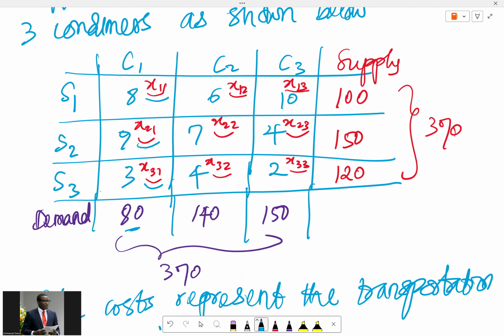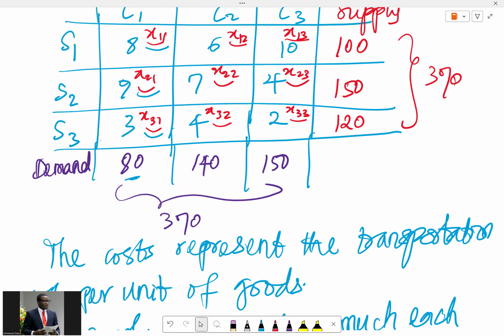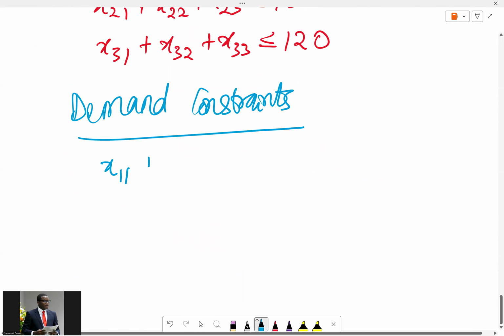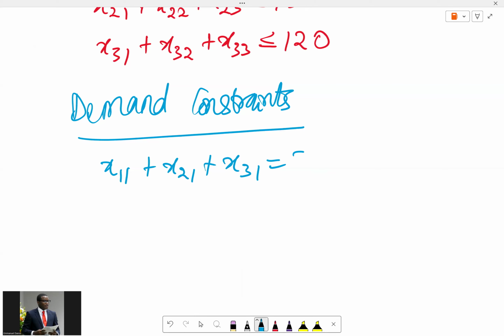This is what the consumer requires. So on the demand side, it is equality, right? On the supply side, it is inequality, less than or equal to. So x11 plus x21 plus x31 is equal to 80. That's for the first consumer.